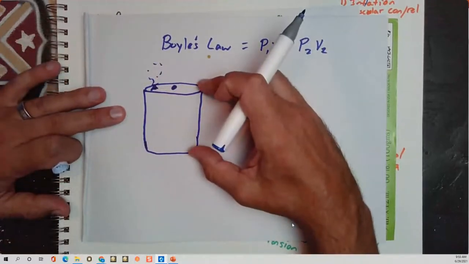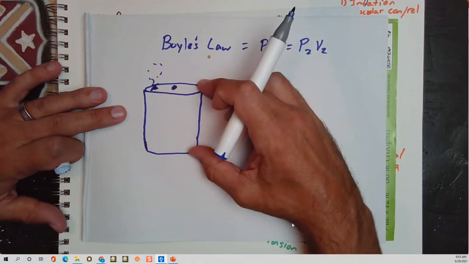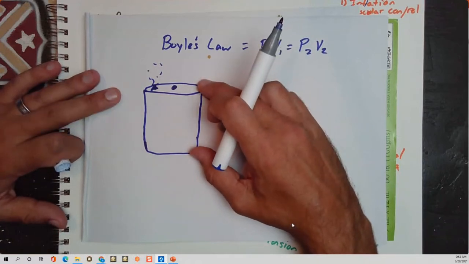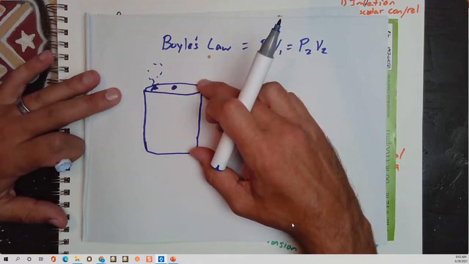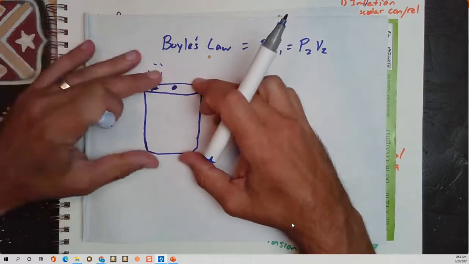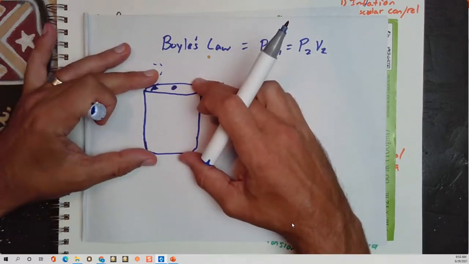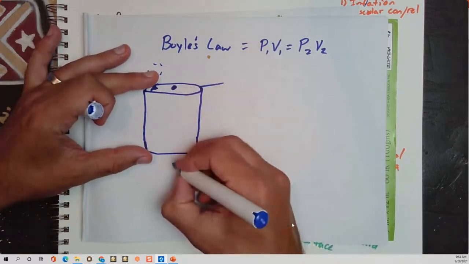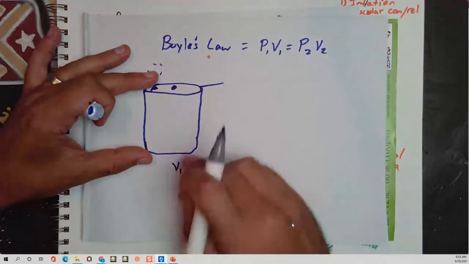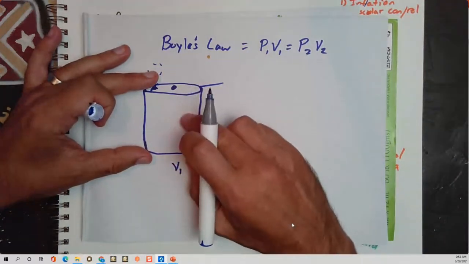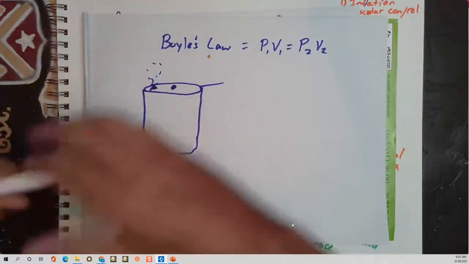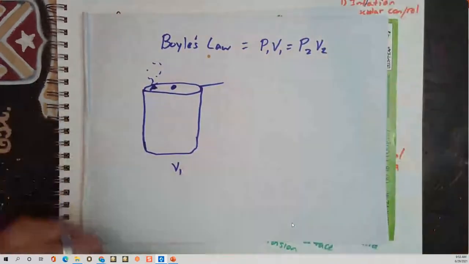In this pot, I have a very, very specific volume. This is called V1. It's the volume of pot 1. And what did we learn about pressures?